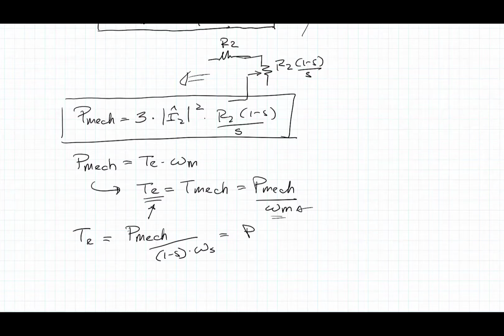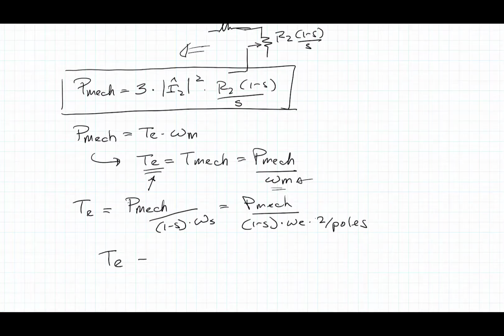It's also the same as to say 1 minus s times the electrical frequency times 2 over poles.